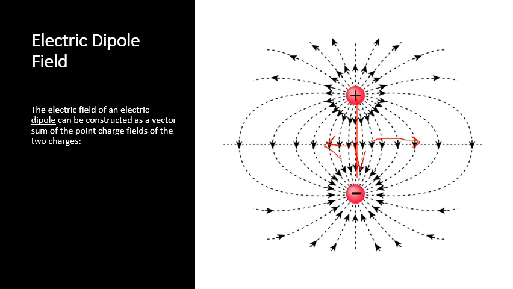The electric field of an electric dipole can be constructed as a vector sum of the point charge fields of the two charges, and we can calculate the electric field either in the axial direction, or in the perpendicular bisector direction, or in various other directions.